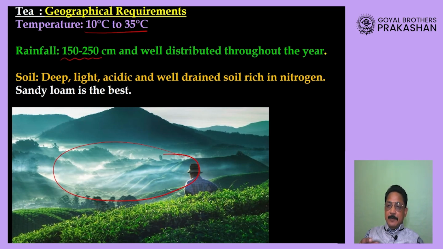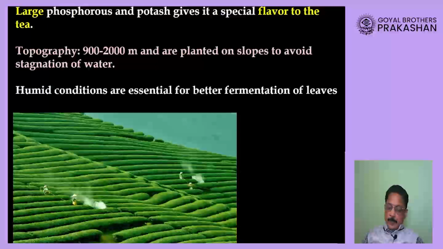So sandy loam will be a very good soil, and especially if nitrogen is present in the soil, then it becomes the most ideal soil for cultivation of tea. When you are growing this tea crop, from time to time we have to add phosphorus and potash. The reason is these both nutrients give special flavor and taste to tea.